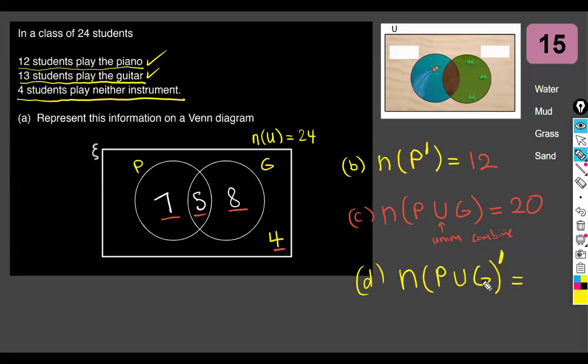So P union G is 20, right? I'm asking you, who is not part of that 20? Who is not P union G? When you combine P and G, who is not in that combination? Who is the only person not in that combination?